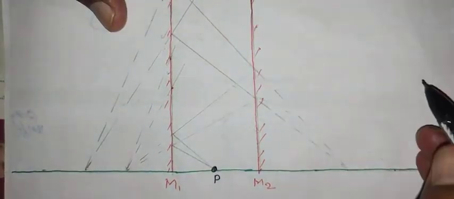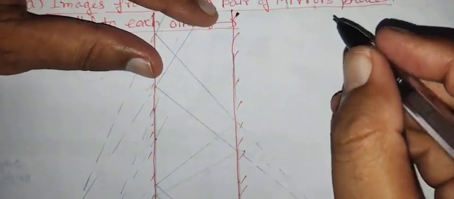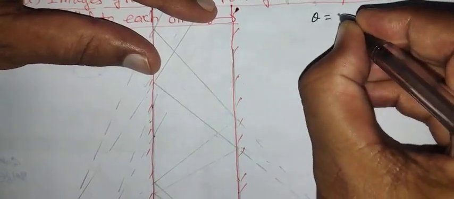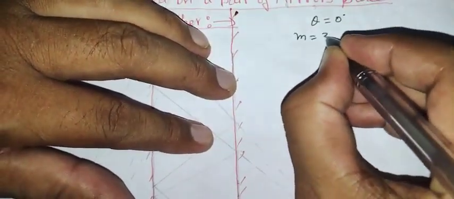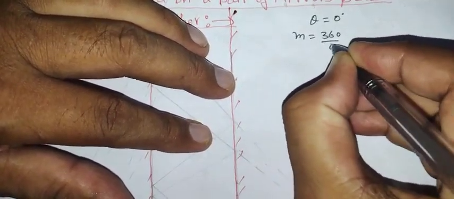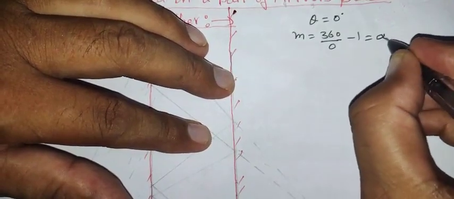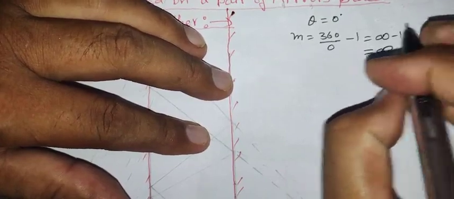To obtain this, first of all we will apply the formula. Here in this case, when the mirrors are placed parallel, the theta is equal to 0 degrees. 0 degrees means the number of images is 360 by 0 minus 1. 360 by 0 is infinite, minus 1, and this is infinite.